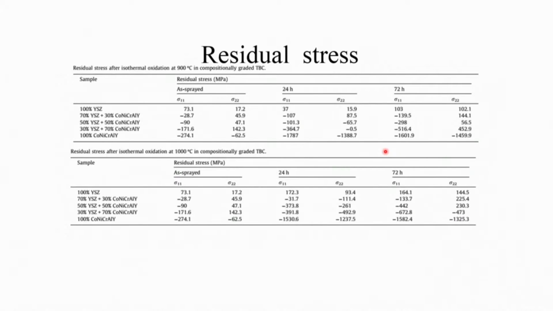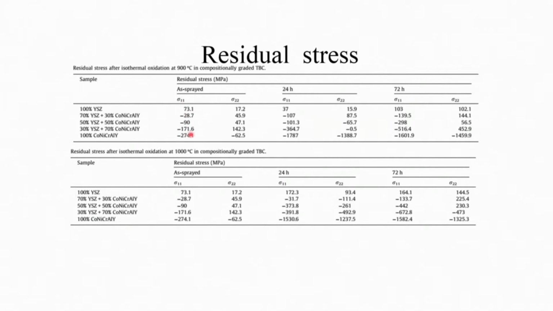Now, when we measure the residual stress distribution in the different layers, we found that residual stress also changes to a large extent in the duplex as well as graded coating. You will find that in the graded coating, with 100% YSZ, the residual stress is mostly positive.